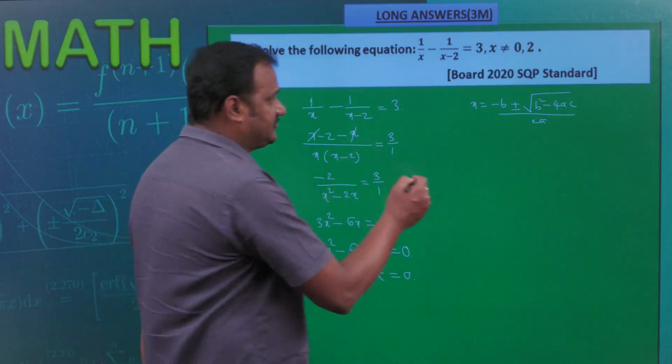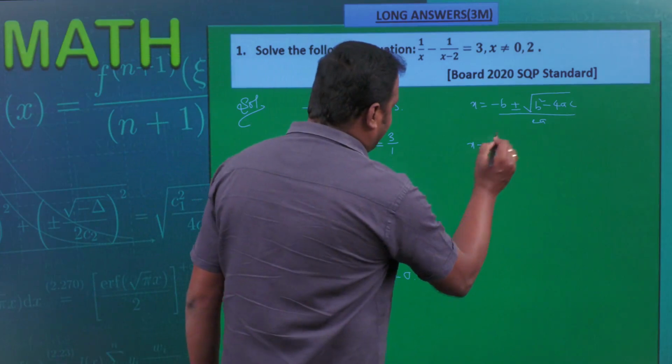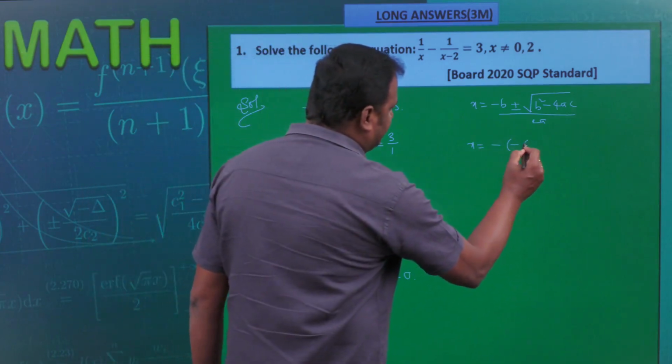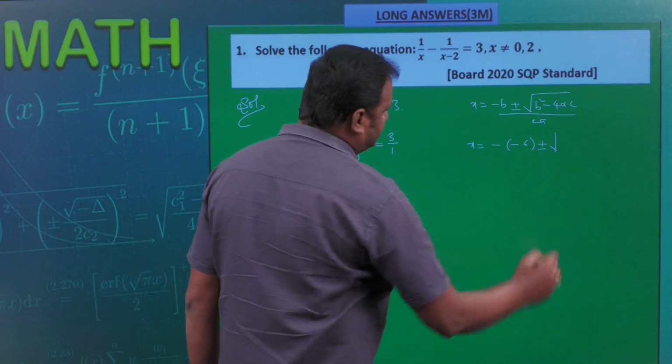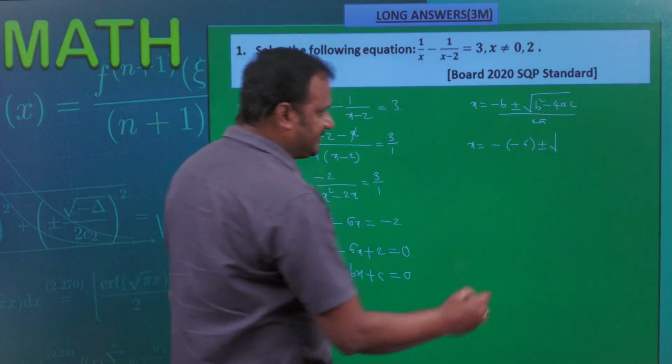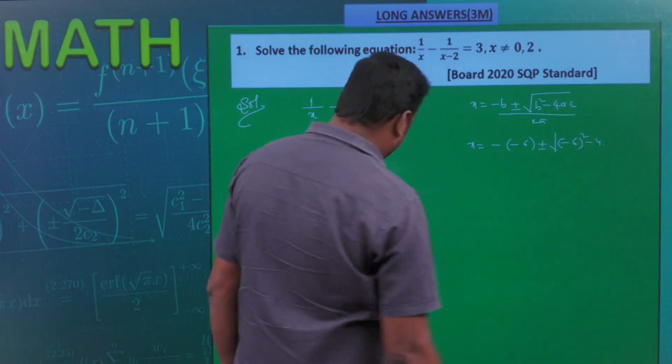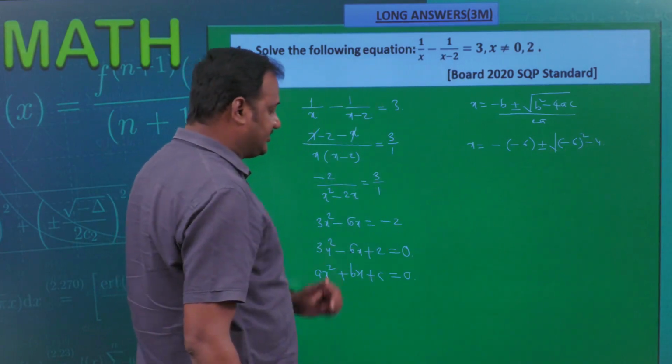Substitute them. x is equal to minus, the value of b is minus 6, so minus of minus 6, plus or minus square root of b square, that is minus 6 whole square, minus 4 into a is equal to 3 and c is equal to 2.